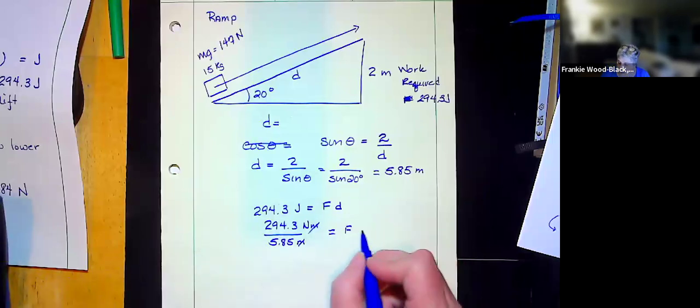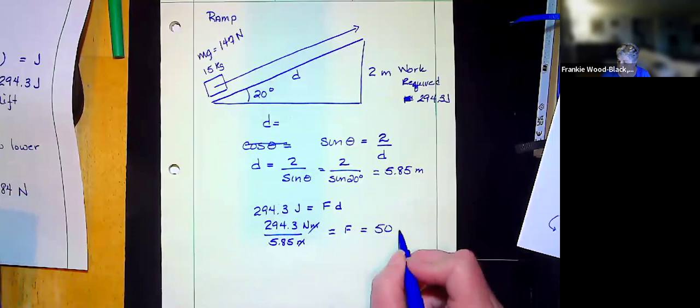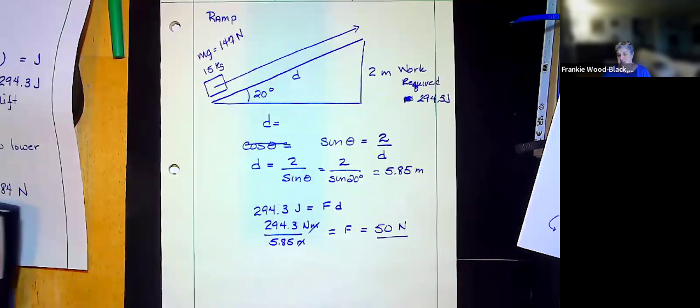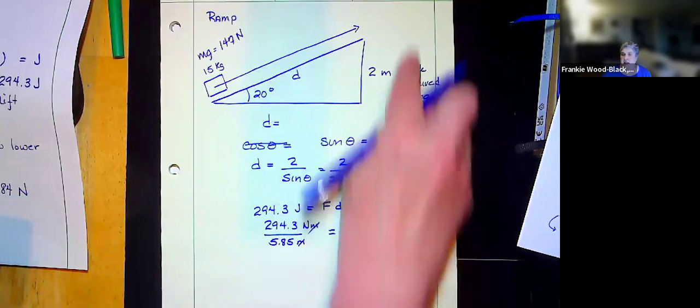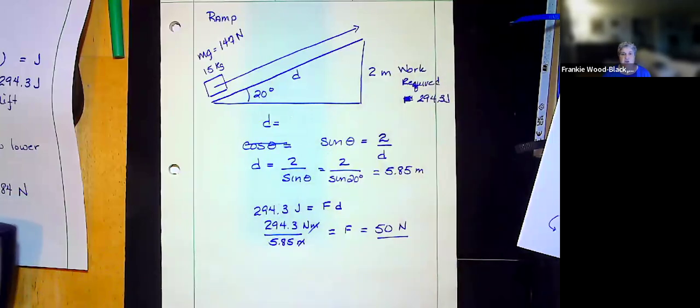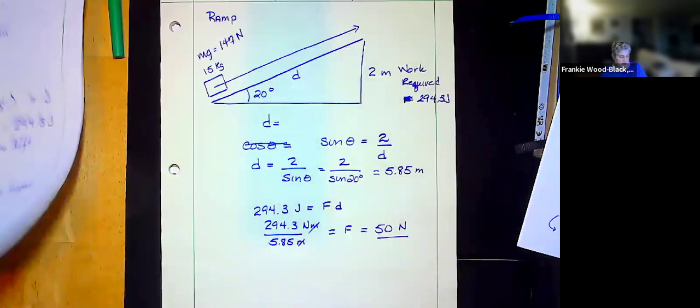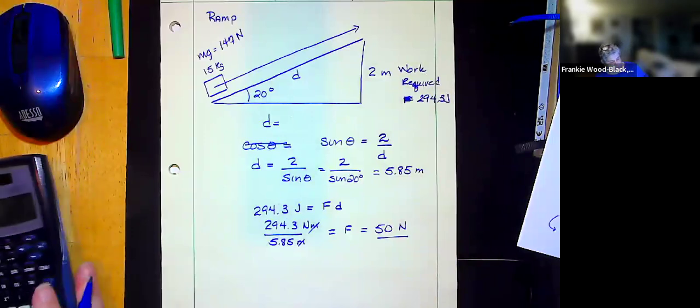And this would say that I only have to apply 50 newtons to do the same work that I would do as if I had to lift it up. So that shows you how tools can really, really help us.